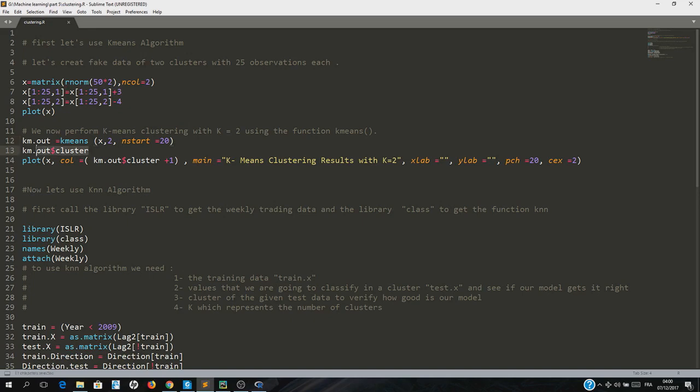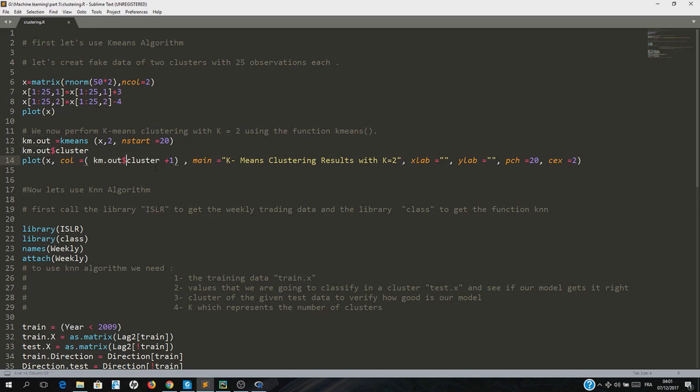Then after that, let's see the clusters and plot them. For the plotting, we just give it the data x and colorize the data given the clusters, so cluster plus 1. This colorizes the data with different colors.